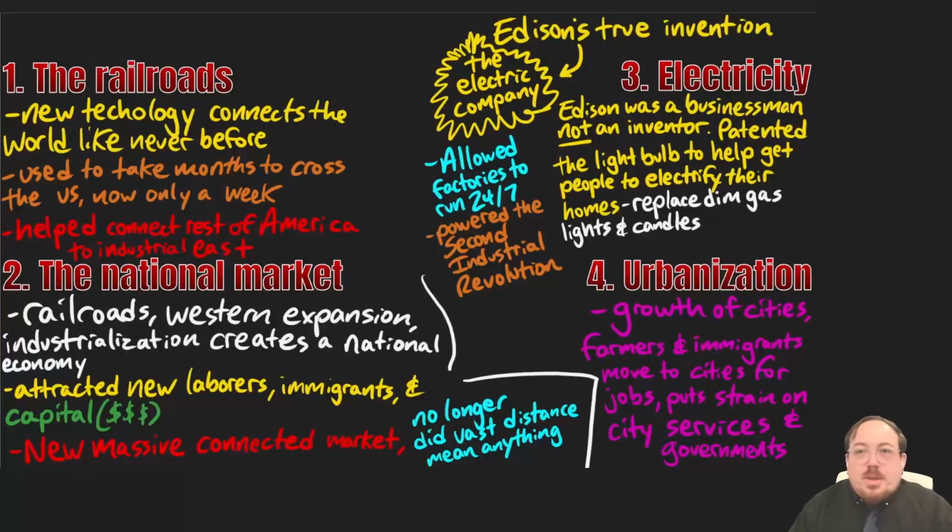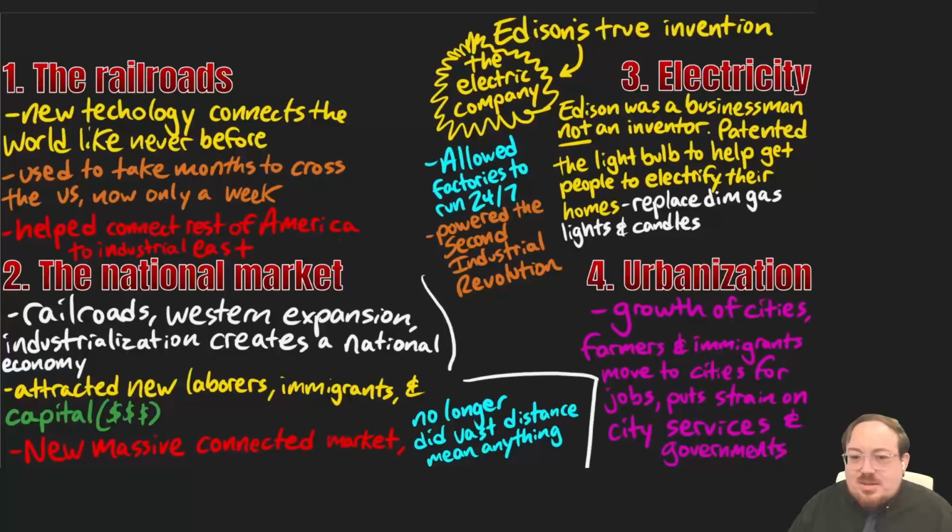With the spread of the railroads, we get a national market and Western expansion. No longer are you just stuck in the area that you are currently living in, and you can get resources from across the entire country.